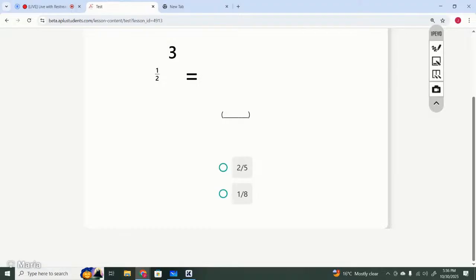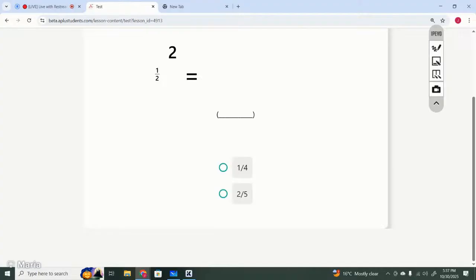1 by 2 exponent 3. That is 1 over 8. Option number 2 is the correct option. 1 by 2 squared.